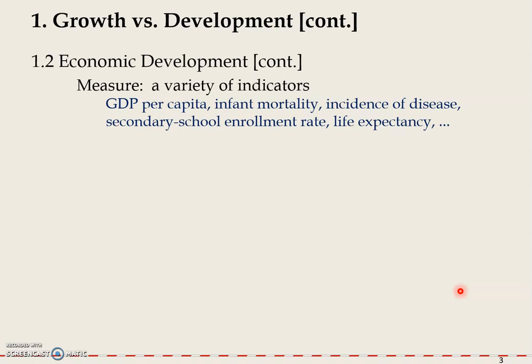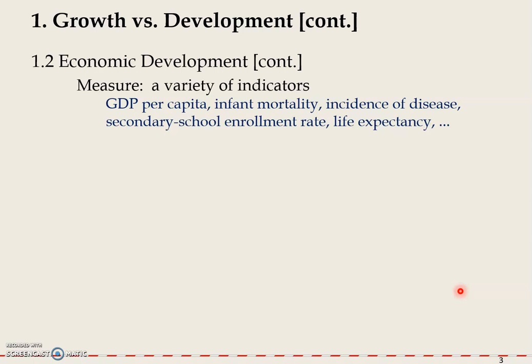And maybe a sociologist who cares more about education, or educational inequality. She might use the secondary school enrollment rate, or life expectancy, which is defined as when people are born, how long they would expect to live in their country.